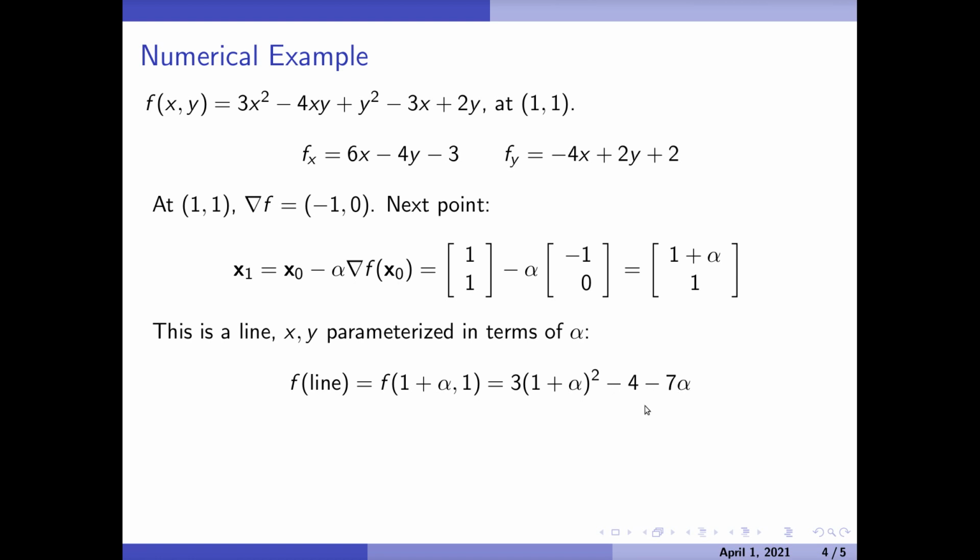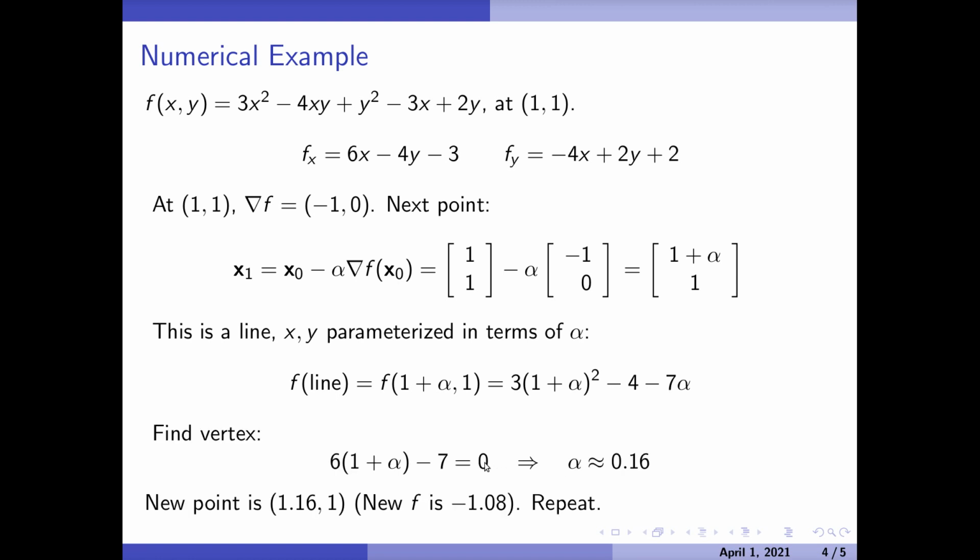So you could simplify this out, or you could take the derivative, set it equal to 0, and that's what I did here. Once you take the derivative and set it equal to 0, we get alpha is approximately 0.16. And so that means that if you move more than about 0.16 in the direction of the gradient, the value of the function is going to start increasing again. So this is the best we can do by going 0.16 units in the direction of the gradient.